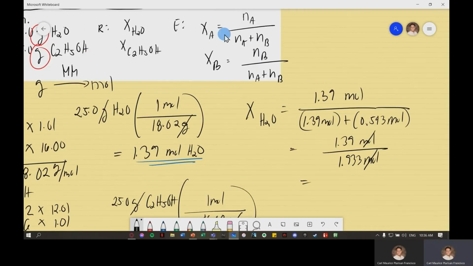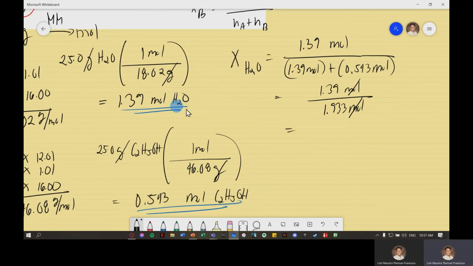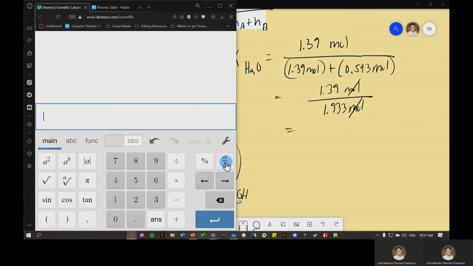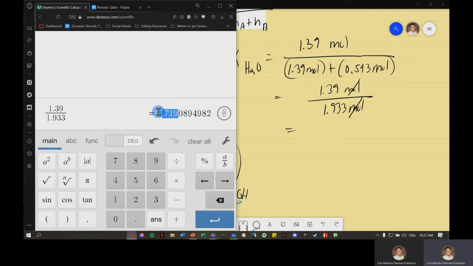Okay, so ang ginawa ko lang po ay dahil mole fraction ni water, ang nasa numerator yung mole unit niya. And then sa denominator, i-add lang natin yung dalawang mole value. 1.39 all over 1.93. So the answer is this one, 3 sig figs, 0.719.